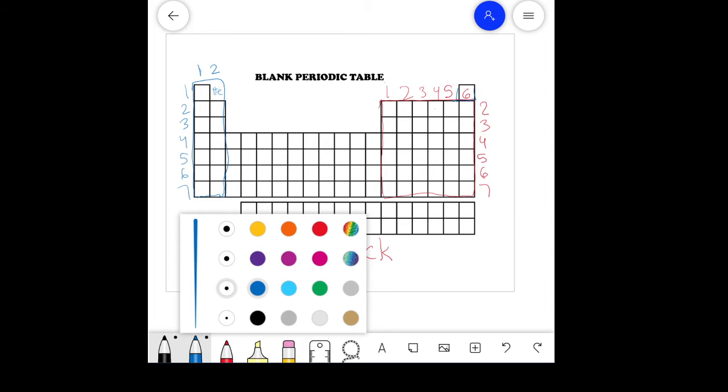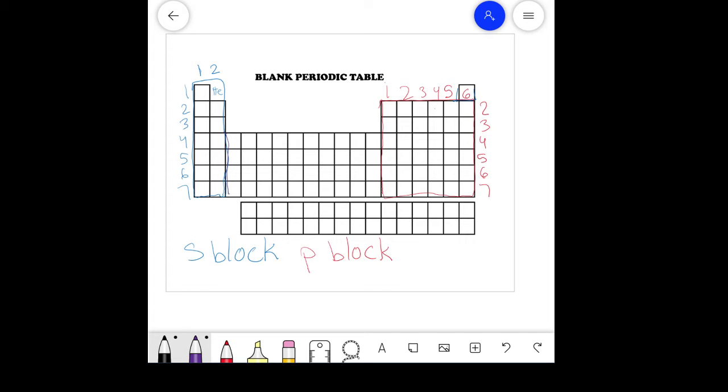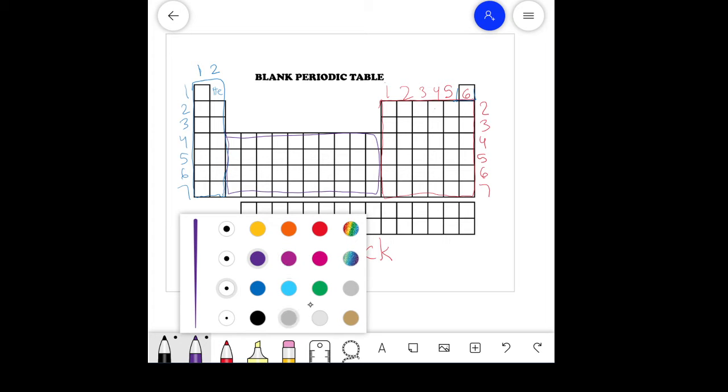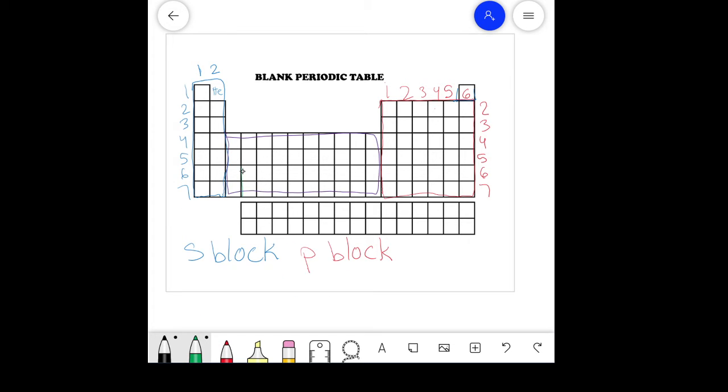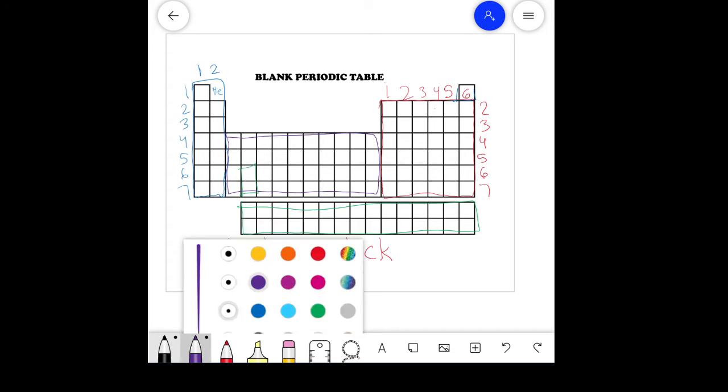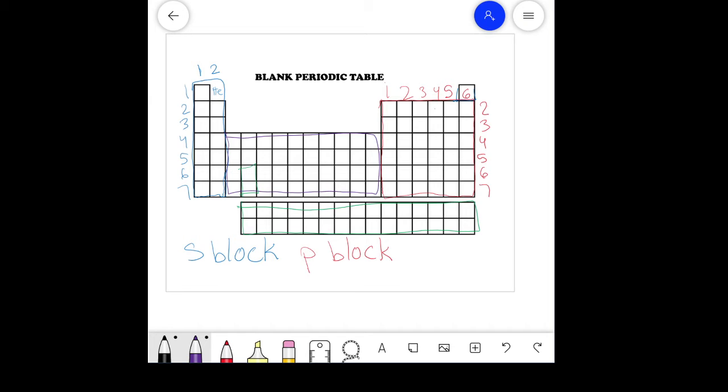Then, let's go purple. This middle block, our transition metals, minus our little lanthanoids, let's choose their color. They can be green. Okay, so let's do the transition metals first. Our transition metals are our D block.